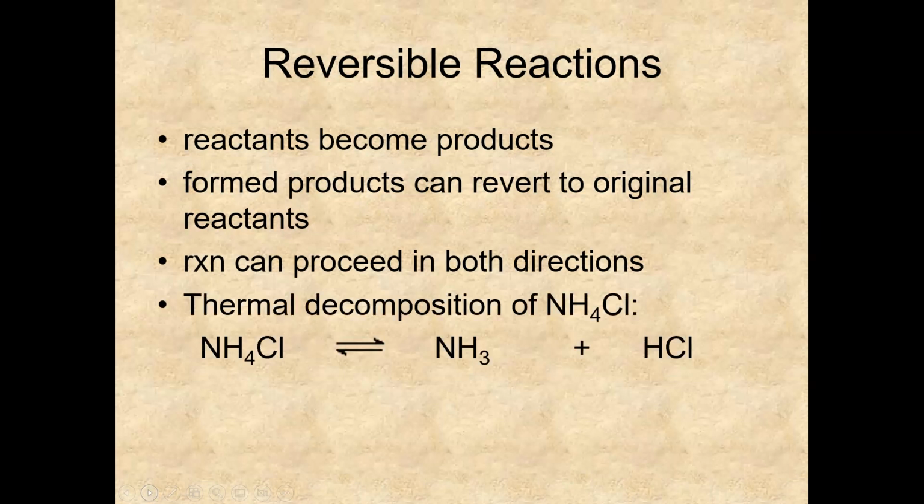So a lot of times these are going to be represented as a double arrow. That way you can see there's a reaction going from the reactants on the left to the products on the right. There's also a reaction going from the products on the right to the reactants on the left. So anytime you see that double arrow, it kind of indicates that this is a reversible reaction.